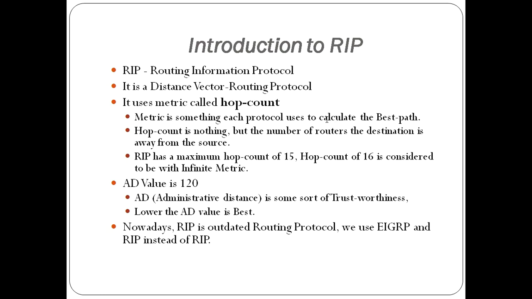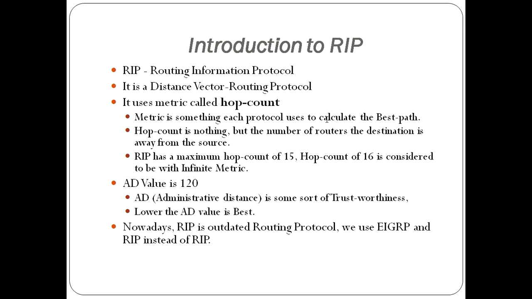Let's consider an example to be more clear. Consider a router A that has to reach a router B. Consider the network segment 192.168.1.0/24. RIP and OSPF are both advertising the network segment 192.168.1.0/24.